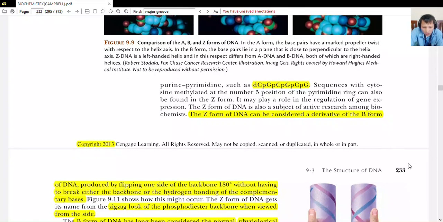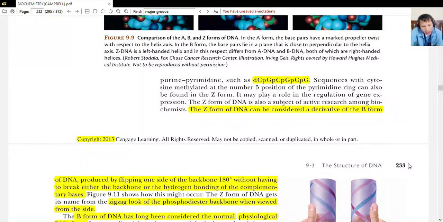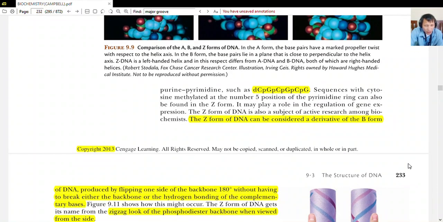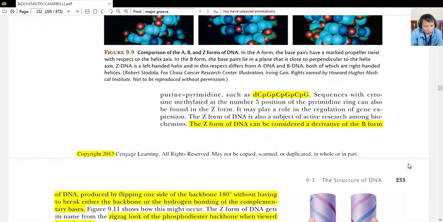The Z form DNA can be considered a derivative of the B form. I think next in the reading, there's a part that we call... Of course, when you try to analyze DNA, you have to do something with it, and about that, maybe you can transform B into a Z type, because the Z form DNA can be considered a derivative, meaning it comes from the B form of DNA.